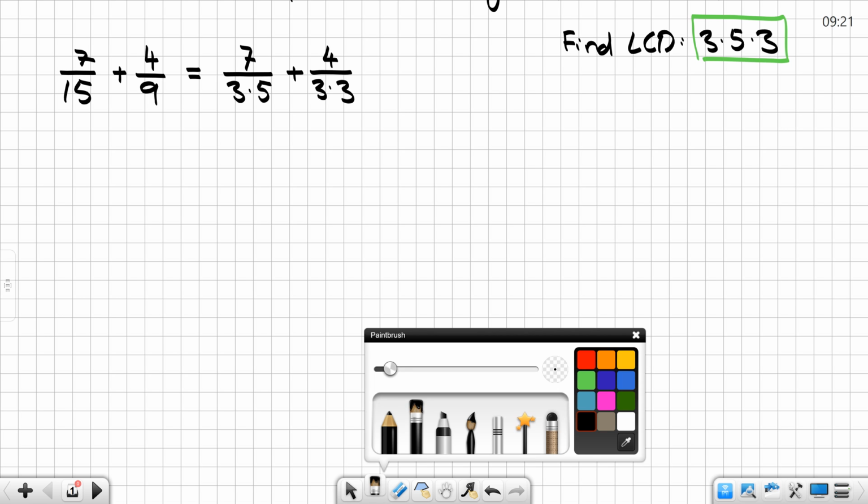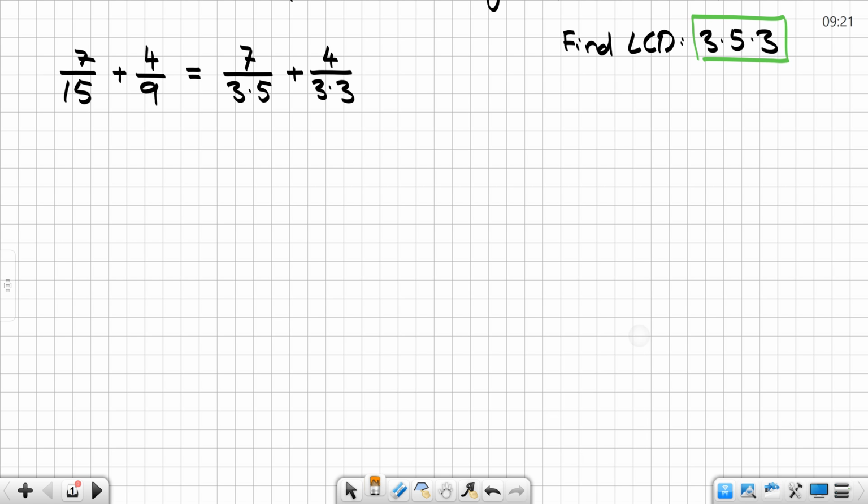Now what I have to do first is find my least common denominator. The way to find this is by starting with any of these factors, and I pick all of those. I pick the factor of 3 and the factor of 5. Now in my second denominator, I look for extra factors that I did not have yet. There is one factor of 3 in my second denominator, and I have already one factor of 3.